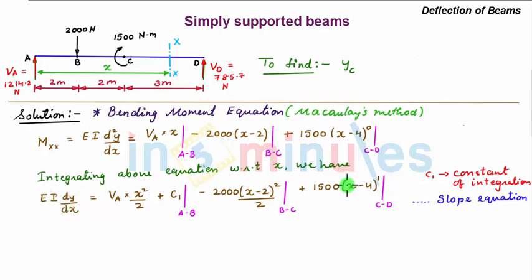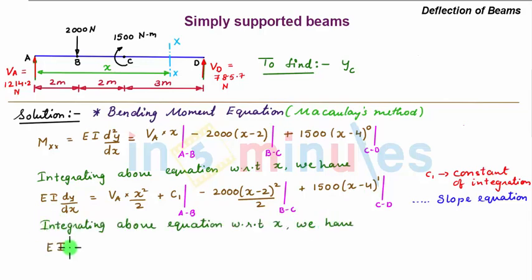Now again integrating this slope equation with respect to x, we have EIY is equal to VA into x cube by 2 multiplied by 3 plus C1 into x, plus we add another constant of integration C2, which will be inside this first partition.